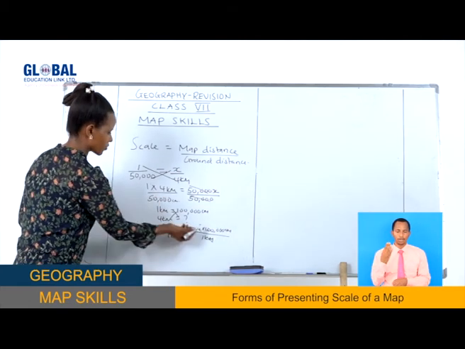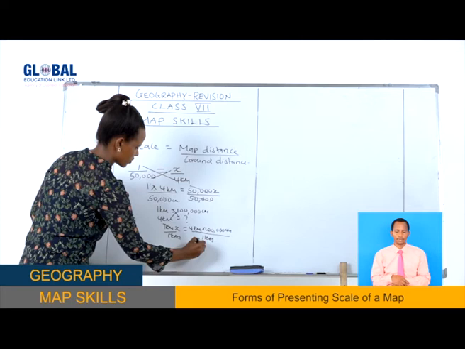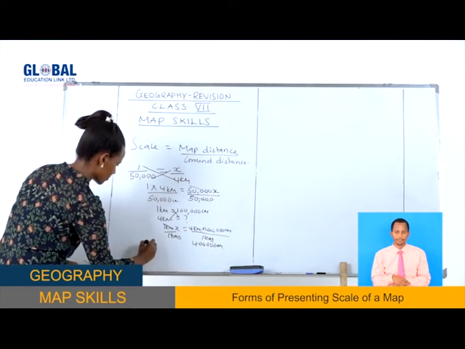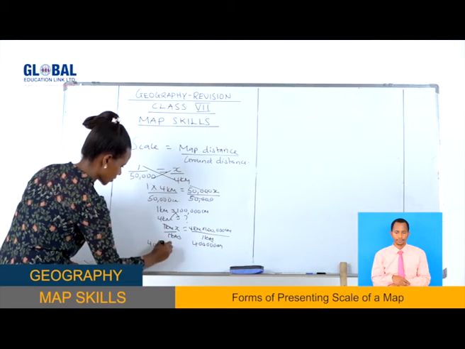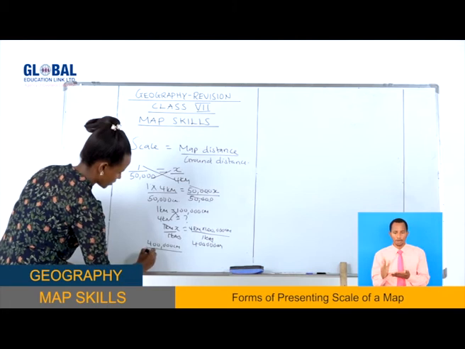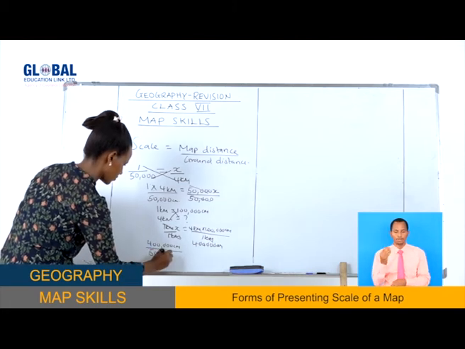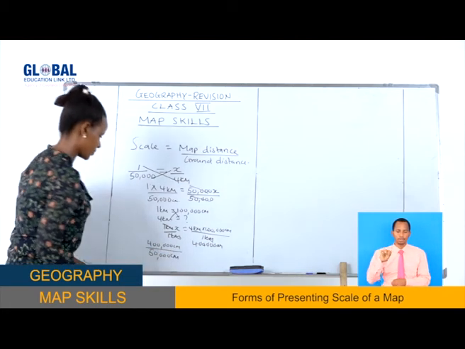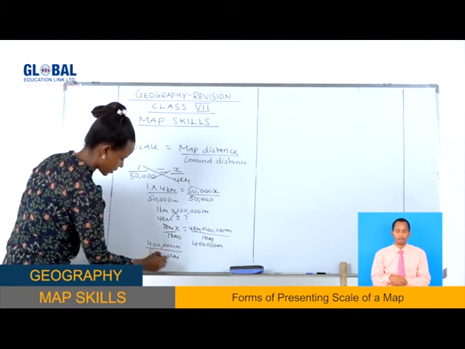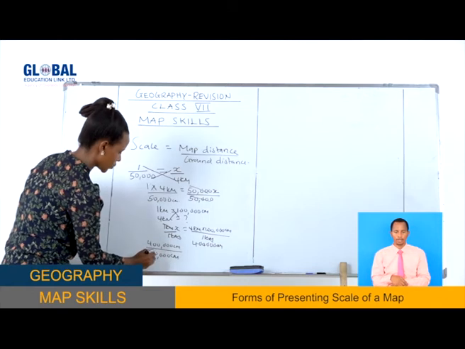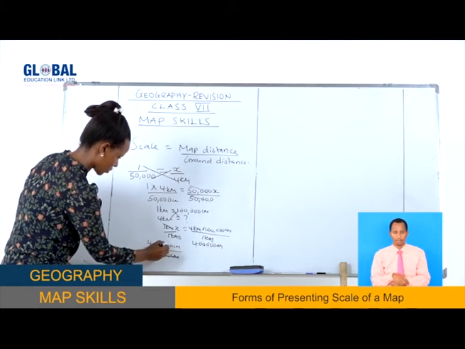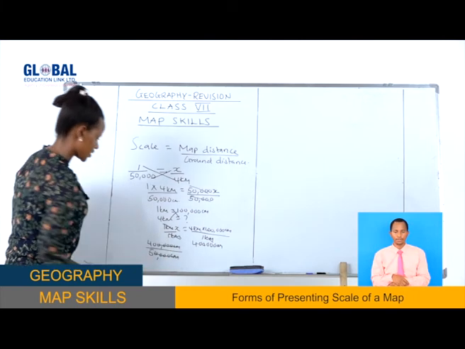Means 1 times 400,000 centimeters. You get the same 400,000 centimeters, divided by 50,000 centimeters. Then here count the number of zeros. We can simplify because they are in the same unit. 40 is centimeter, also 40 is centimeter.